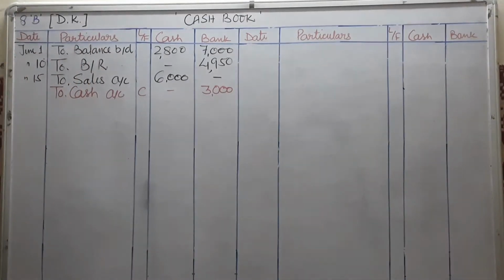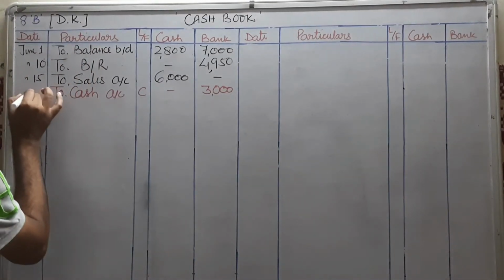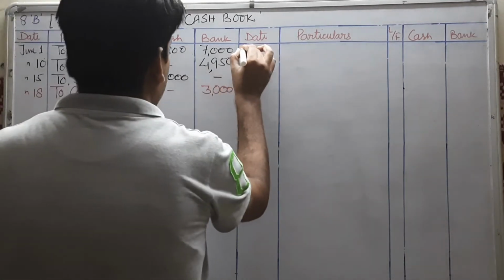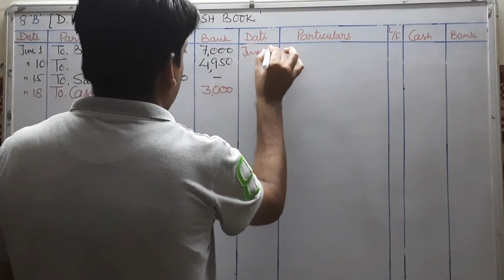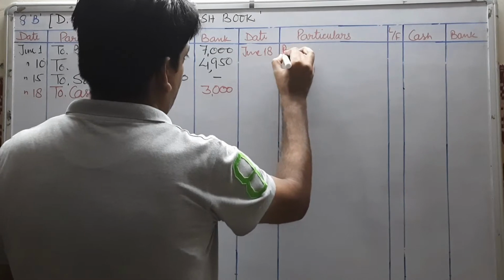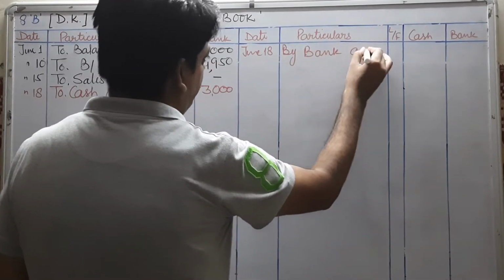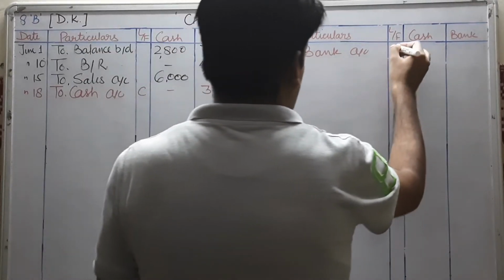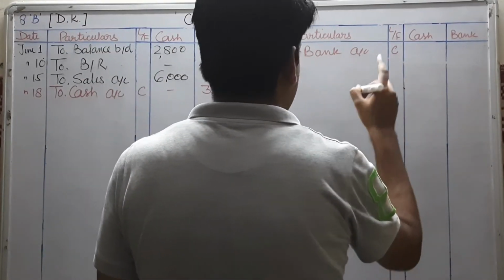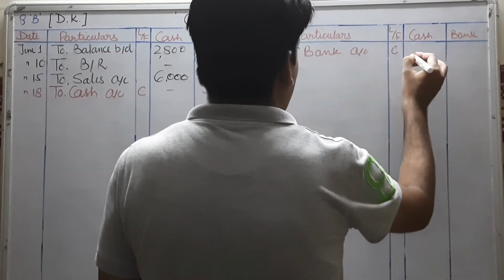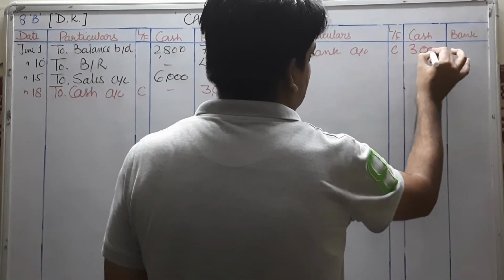Date is June 18. June 18 by bank account. In the column of ledger folio, I will denote it by C. C means contra, and amount will come in cash column, which is 3,000.